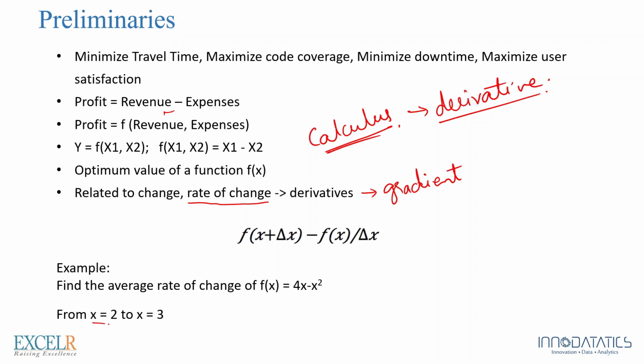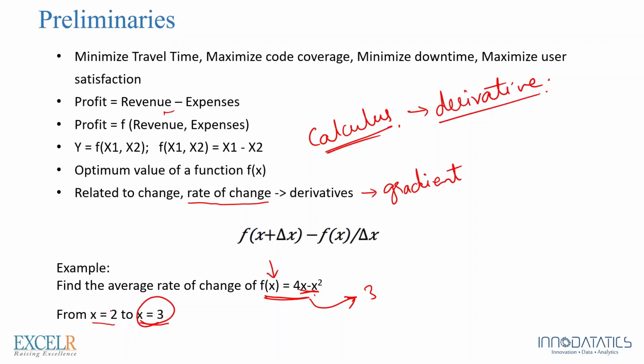if the value of x is going to change from 2 to 3, then what is the rate at which a specific function is changing? How do you identify that? What is this function's value when x equals 3? Just substitute 3 here, and then you get 12 minus 9, which will be 3.